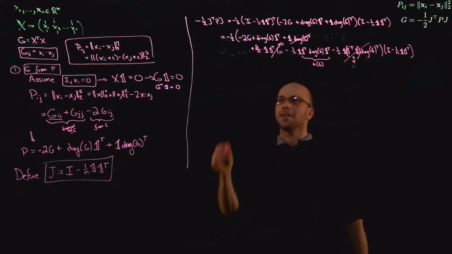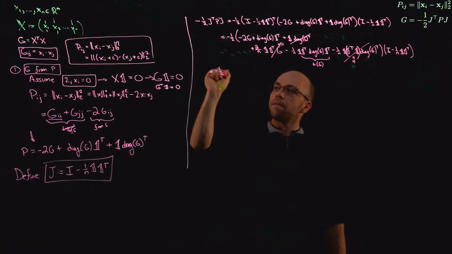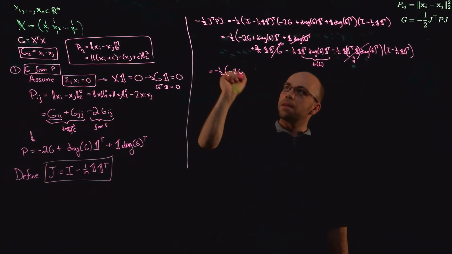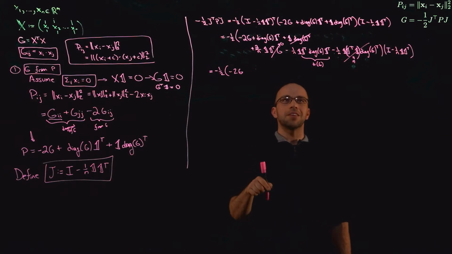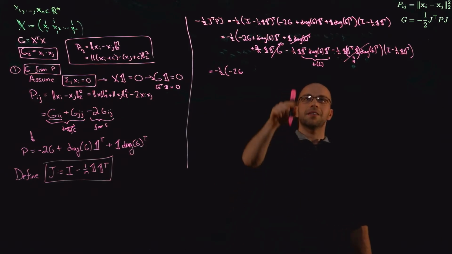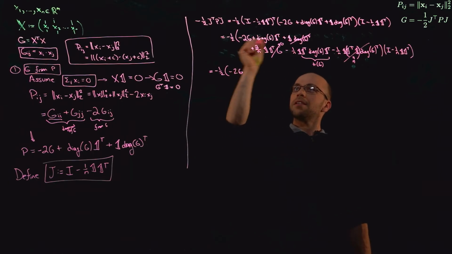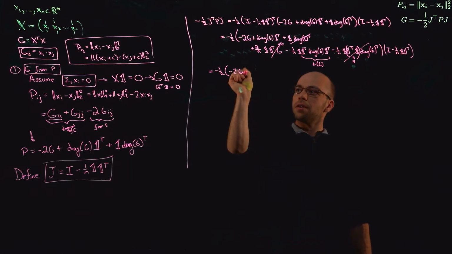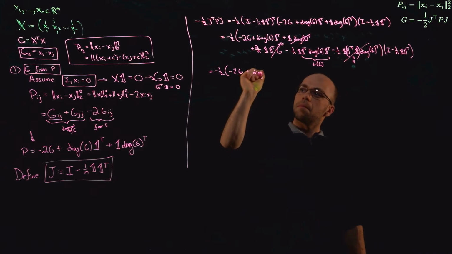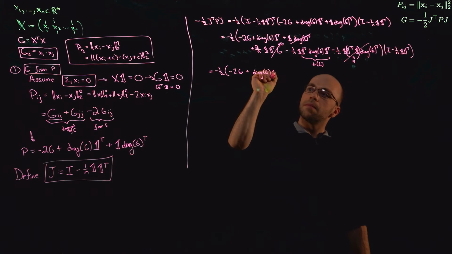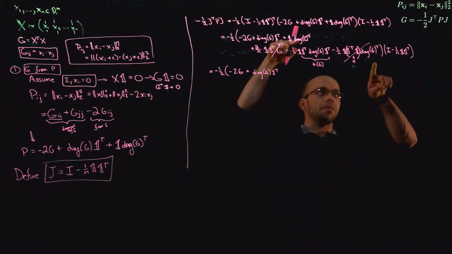Okay, so we have, well, the minus 1/2 is still there. We have a minus 2 times g. And now, let's see here. So we have the diagonal of g times the vector of all 1s transpose. Nothing we can do about that. So that's this term here. This term canceled with that one, so it's not here.